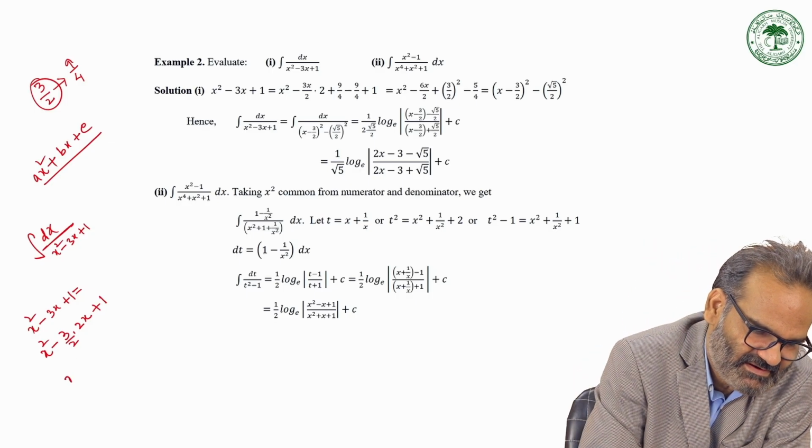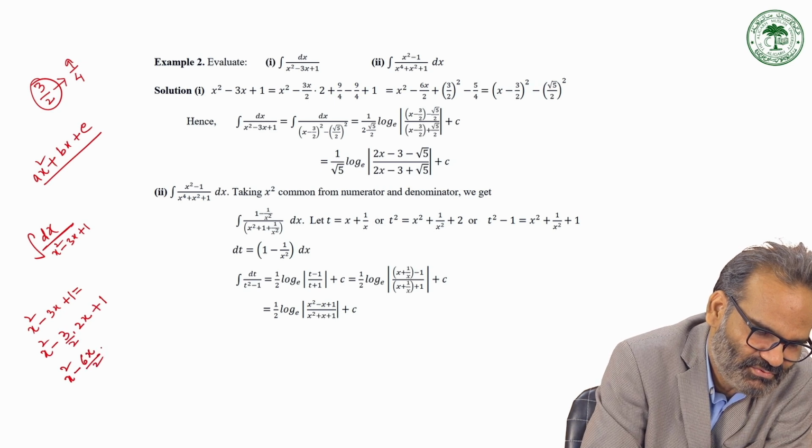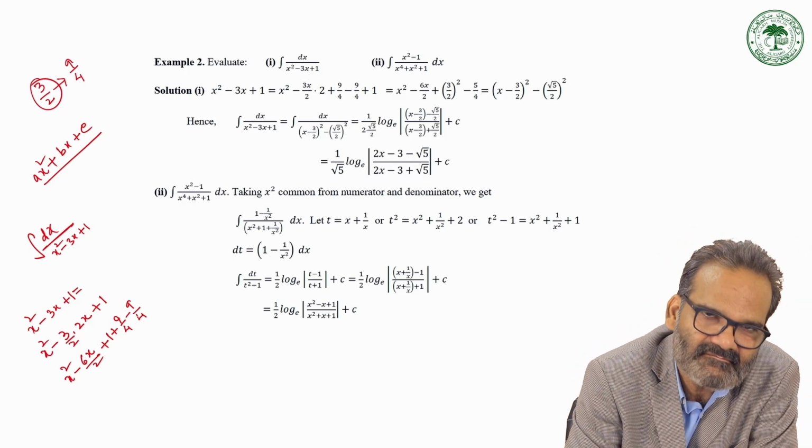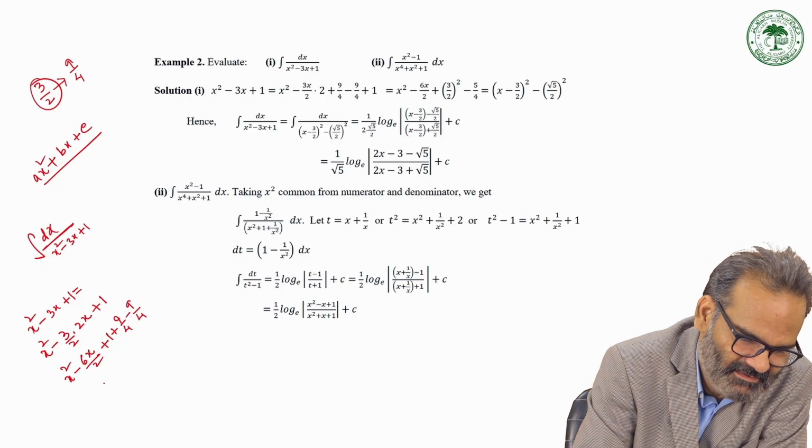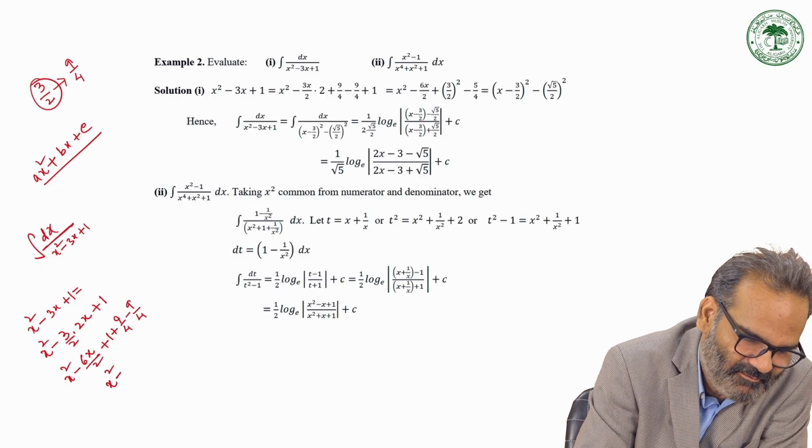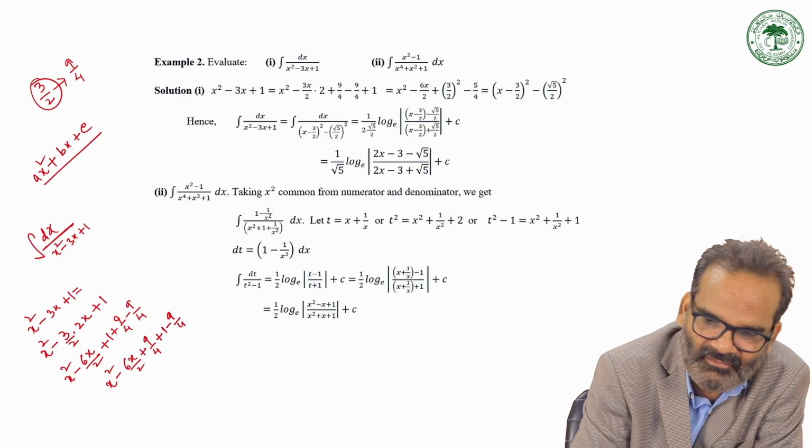See what happens. x square minus 6x by 2 plus 1 plus 9 upon 4 minus 9 upon 4, right? x square minus 6x by 2 plus 9 upon 4, this one, and what is left here is plus 1 minus 9 upon 4.